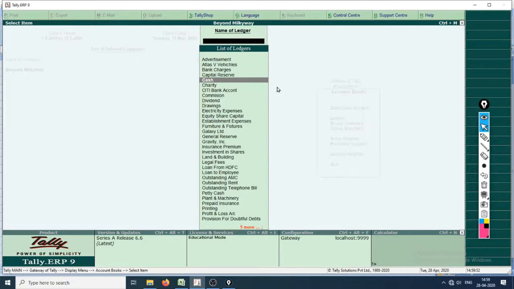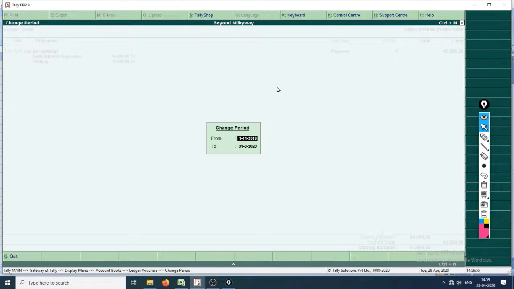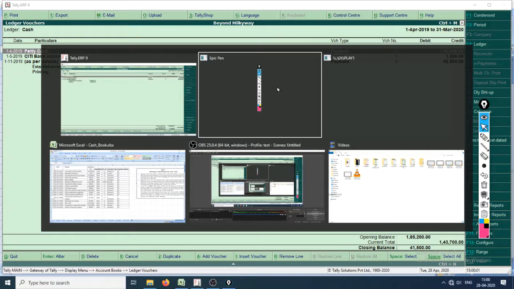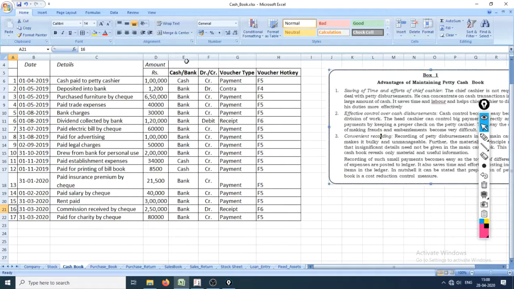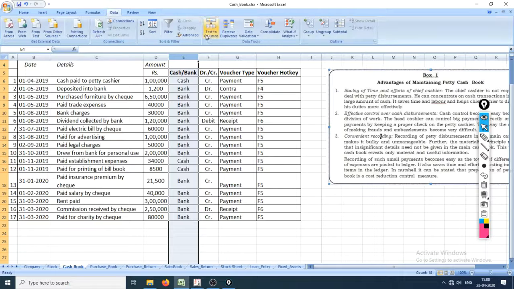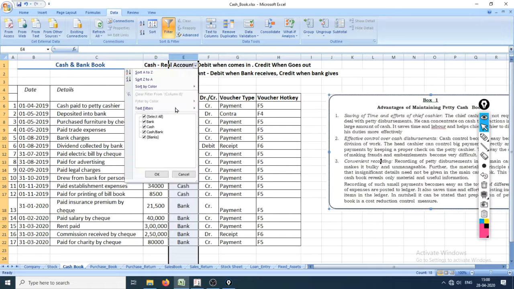So let's go to cash account first, and let's change the period by Alt F2, 1419 to 31/3/20. There should be three entries of cash. I'll show you. View filter, data filter, only bank, only cash, right?